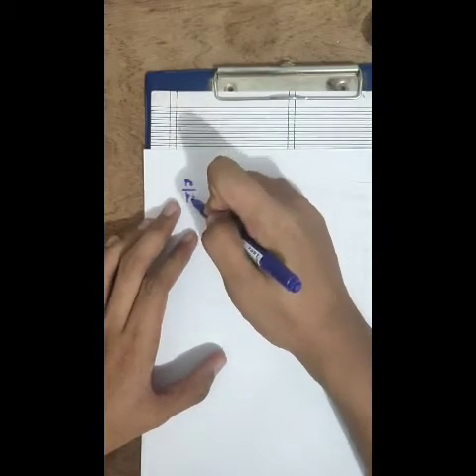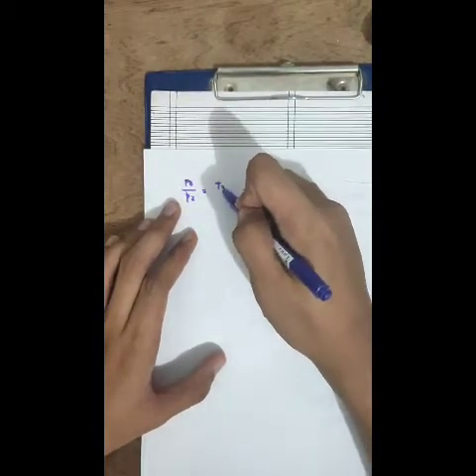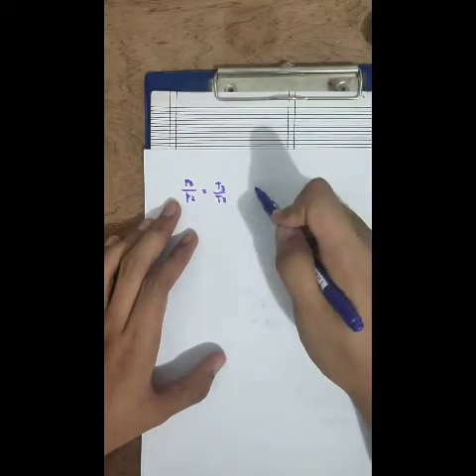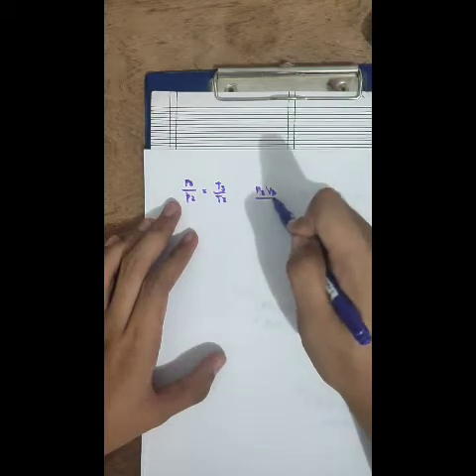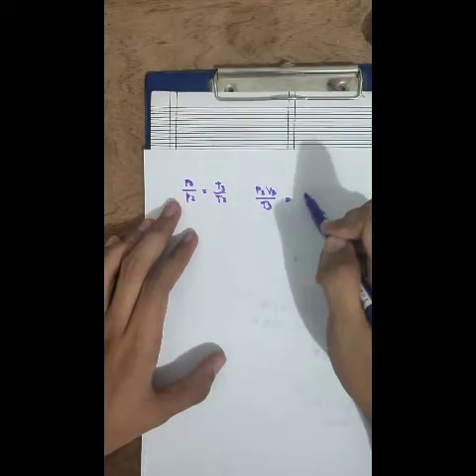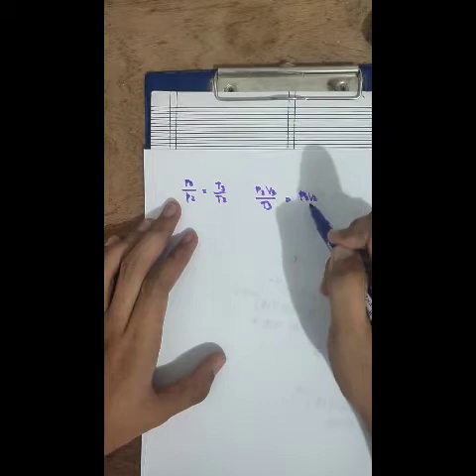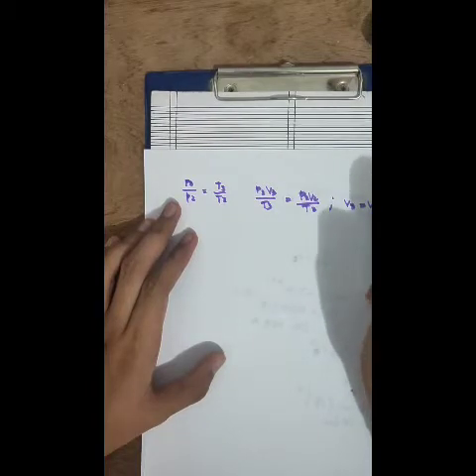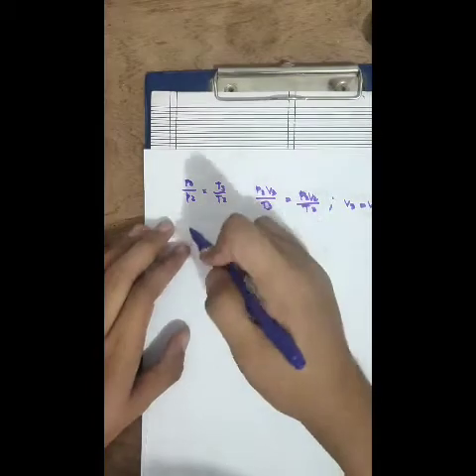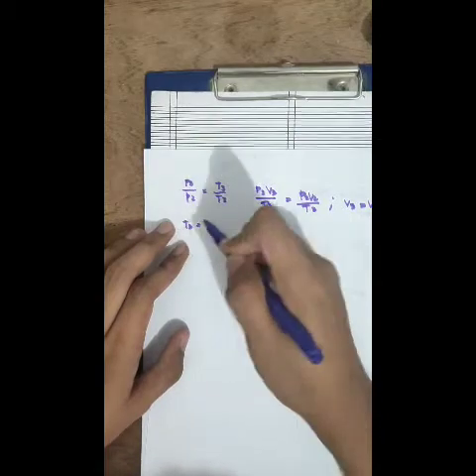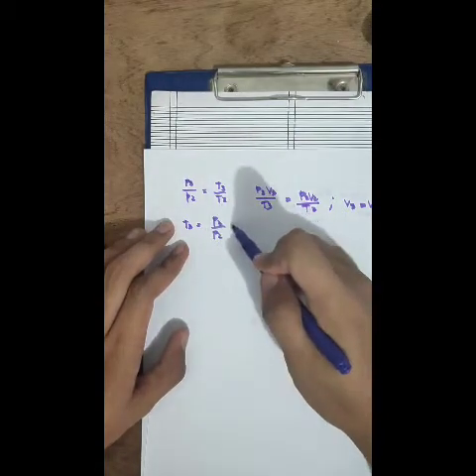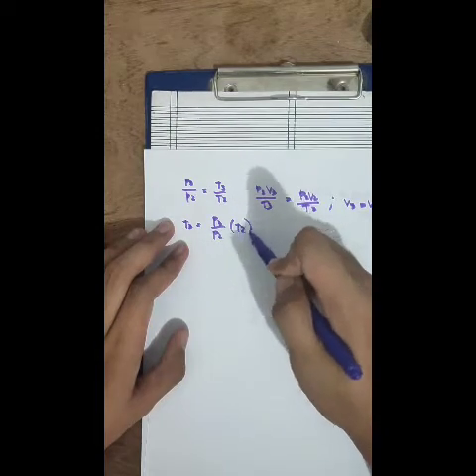P3 over P2 is equal to T3 over T2, since P3 V3 over T3 is equal to P2 V2 over T2, and the V3 is equal to V2. We will use this formula: T3 is equal to P3 over P2 times T2.